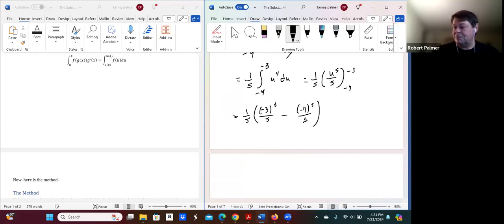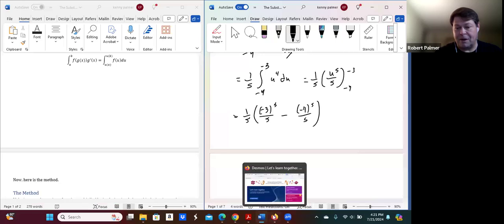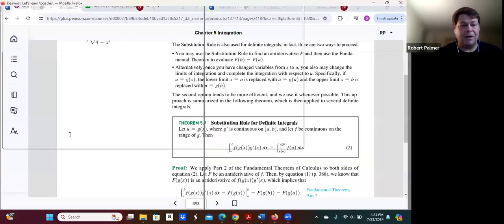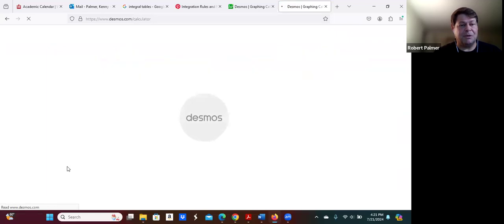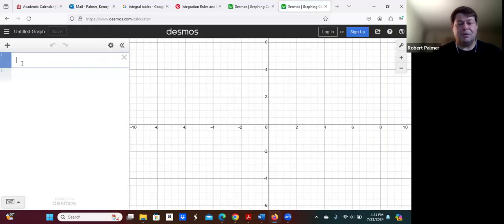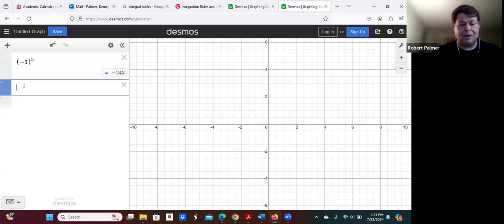And I don't know what those are going to be, so in fact, we can use Desmos to help us out. Of course, you can use your graphing calculator as well, or a scientific calculator, but this is often useful. With Desmos, like with your graphing calculator, make sure you put negatives in parentheses. So negative 3 to the fifth and negative 4 to the fifth.